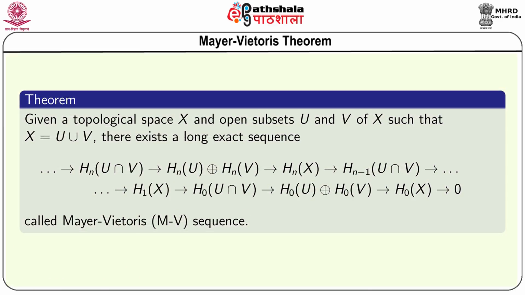With all these exact sequences, if we join suitably, we get a long exact sequence called the Mayer-Vietoris sequence as shown here.